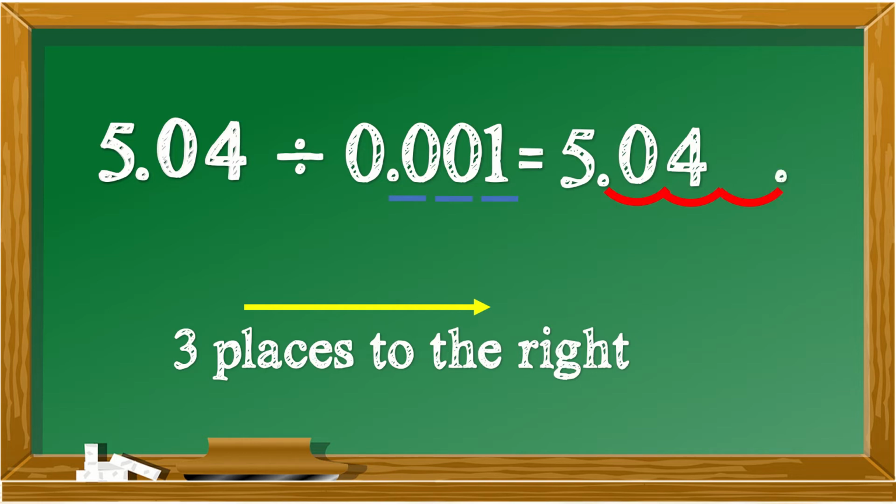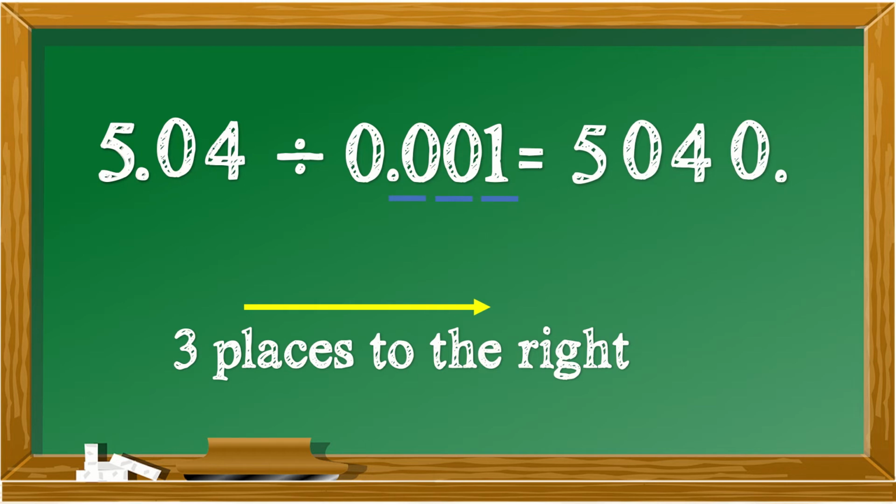Since we have a space, we will put 0 as a placeholder and then remove the previous decimal point. So 5 and 4 hundredths divided by 1/1000 is 5,040.